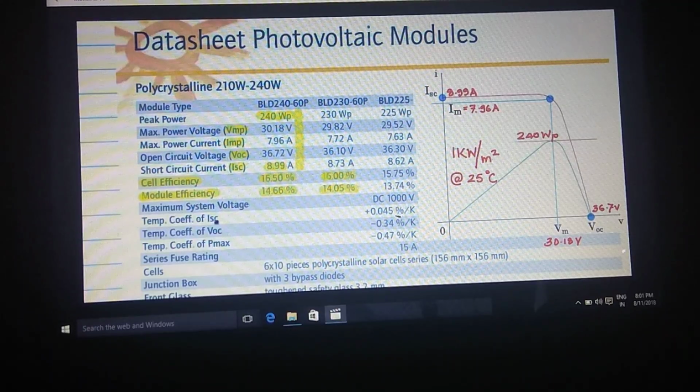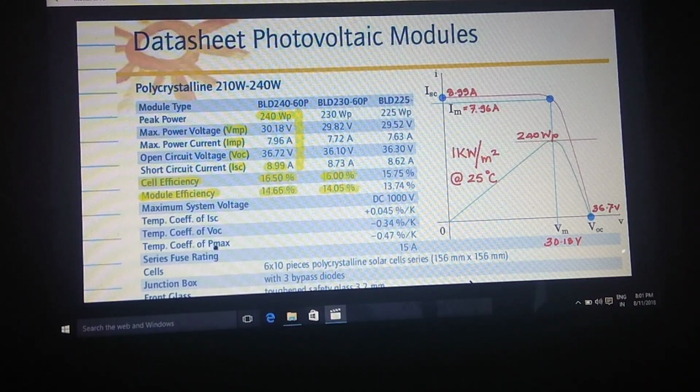See, the temperature coefficient of ISC is plus 0.045% per degree Kelvin. And the temperature coefficient of VOC is minus 0.34% per degree Kelvin, which means that as the temperature increases, VOC will decrease.